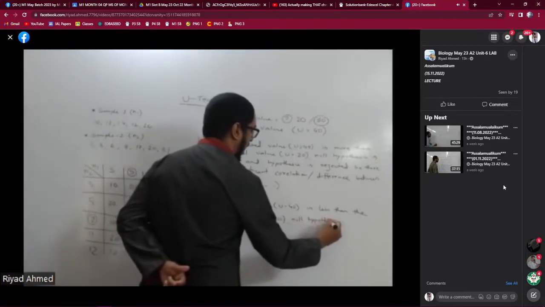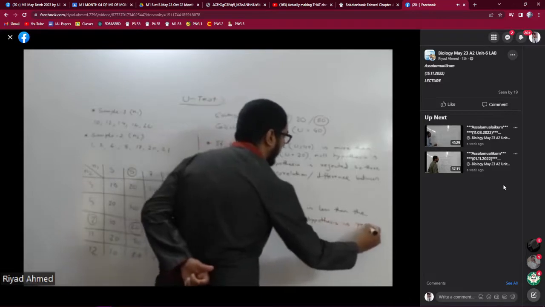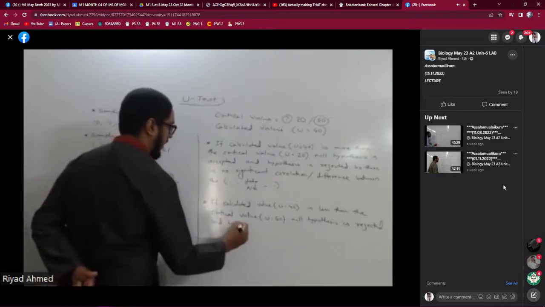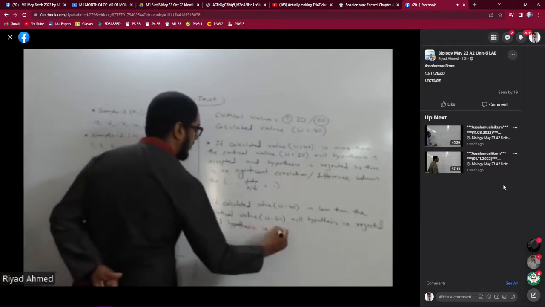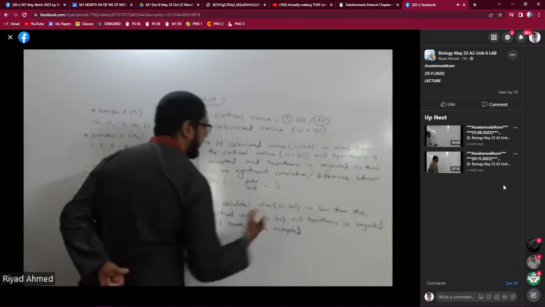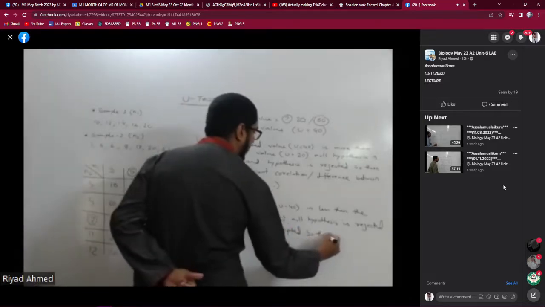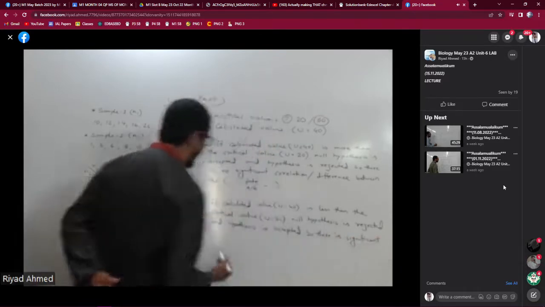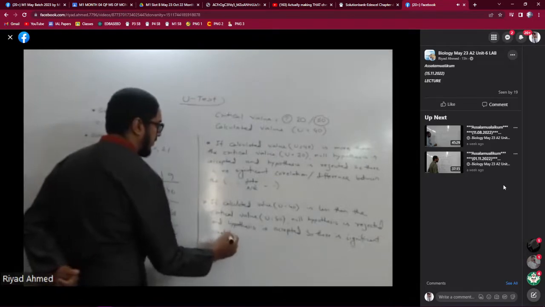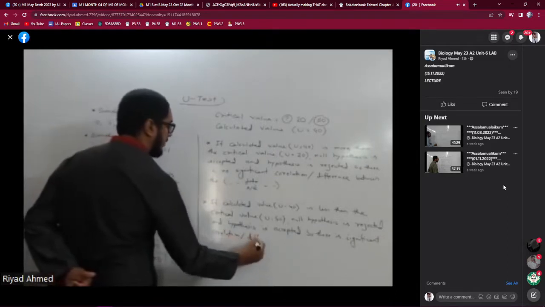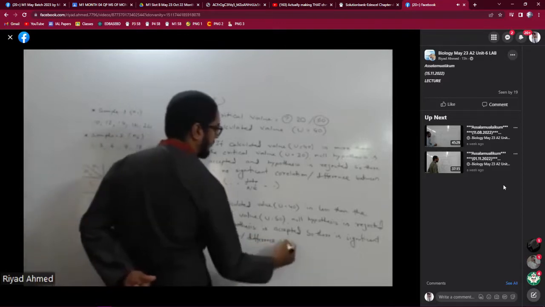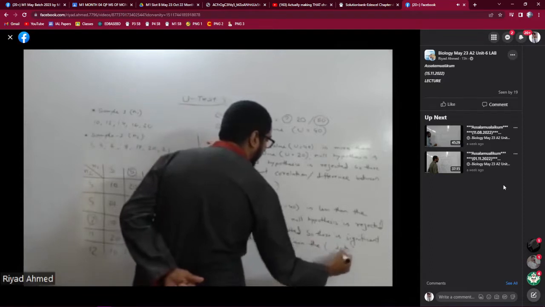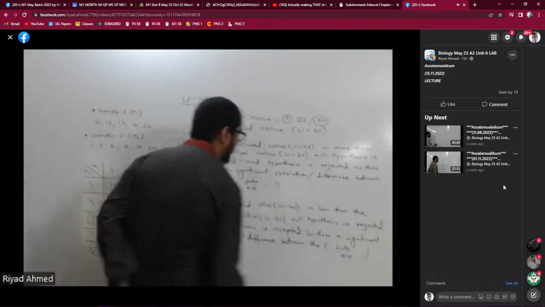The null hypothesis is rejected and the hypothesis is accepted. So there is a significant correlation or difference between the data according to the question.